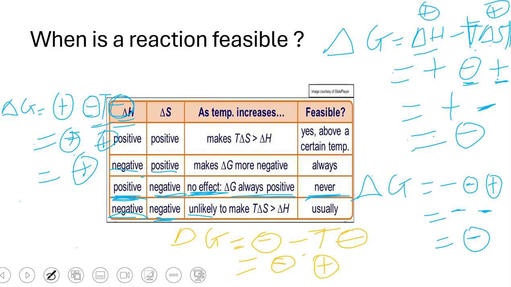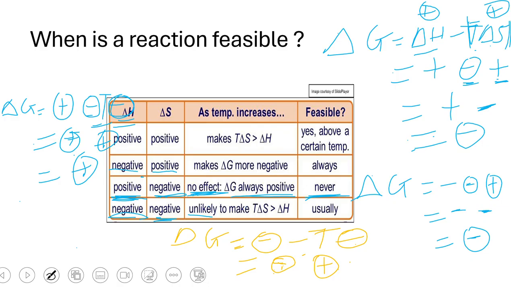So if the modulus of this positive value is higher than the modulus of this negative value, let's say this is 50 and this is 60, the total value will be 10. That would be positive 10. So for positive 10, it won't be feasible.